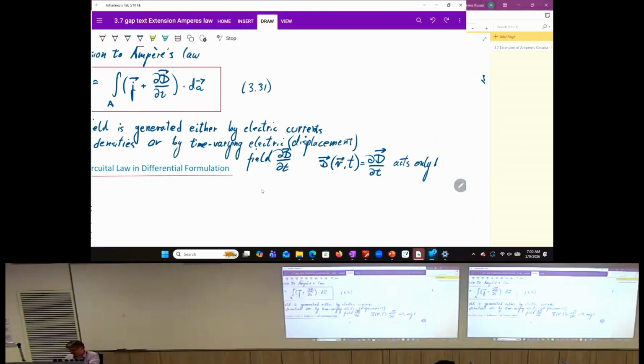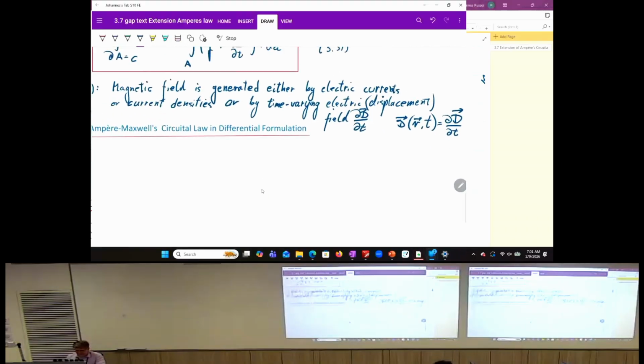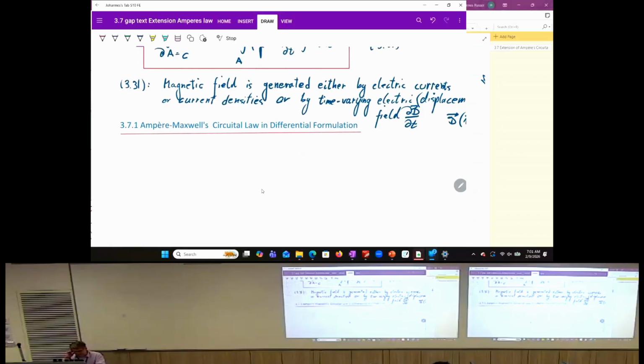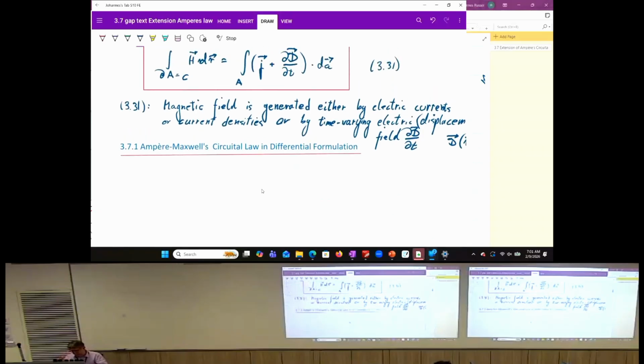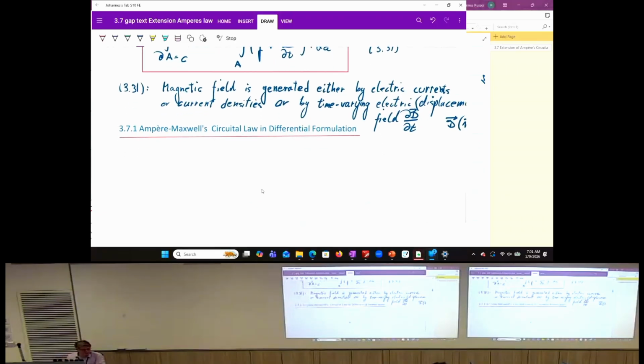That's why you use the partial derivative, because you have a function of multiple variables and you only take a derivative with respect to, in this case, the time. So this is now Ampere-Maxwell's circuital law in integral form, and we can also bring that now into differential form.